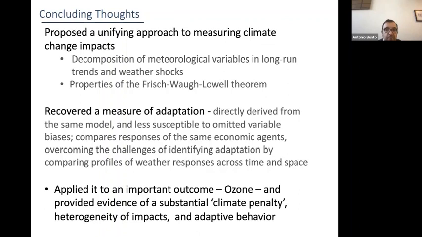And in particular, we want to understand its heterogeneity and the prospects for adaptation, whether via more stringent regulations under the Clean Air Act or whether increased technological innovation. So I would stop here. I think I'm already out of time.